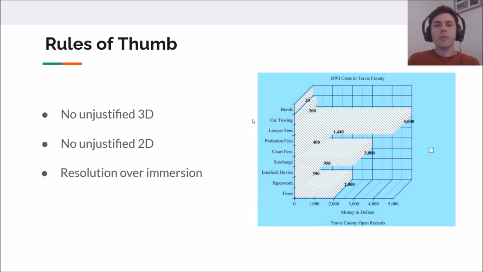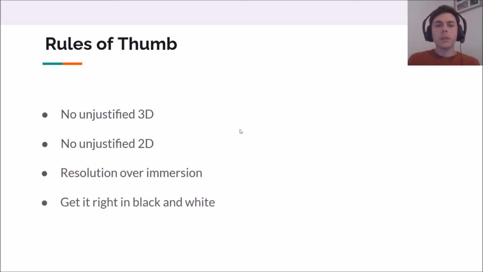If you remove all of this, you will automatically increase the density of data, and what Edward Tufte called the data-to-ink ratio. You should also think about getting things right in black and white. This used to be more important when people printed things out, but it still helps, even if just to prevent yourself from using colors in too crazy ways.